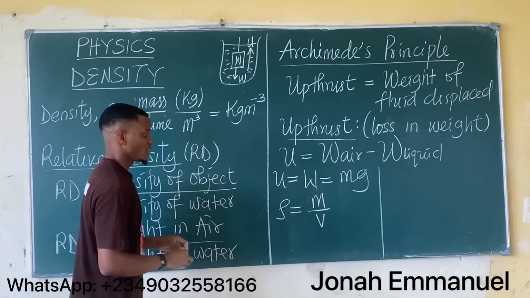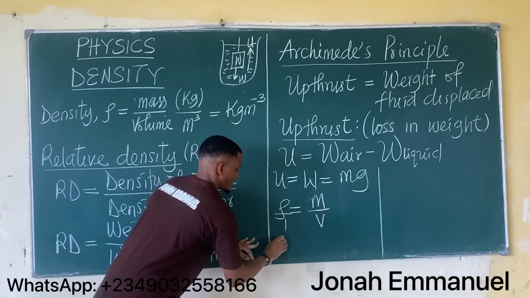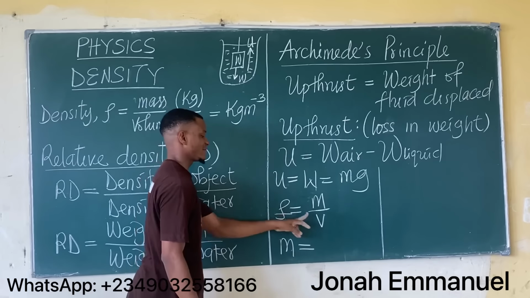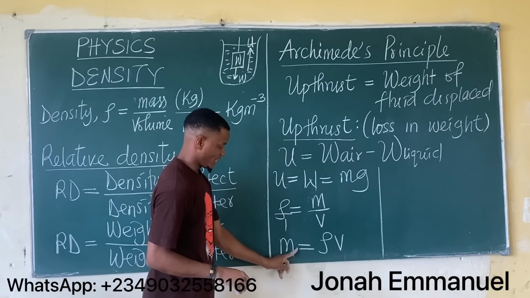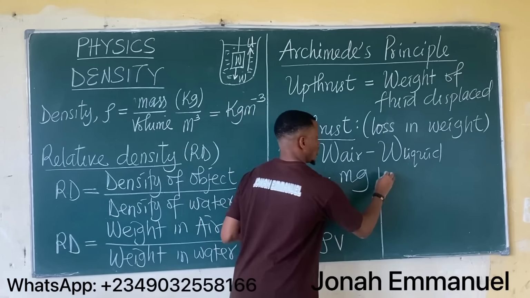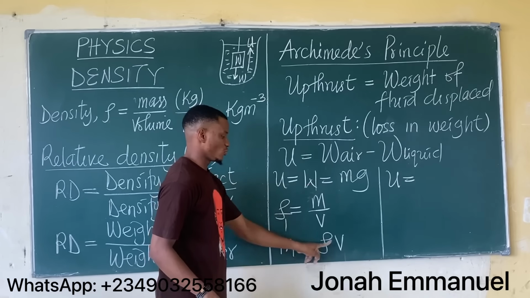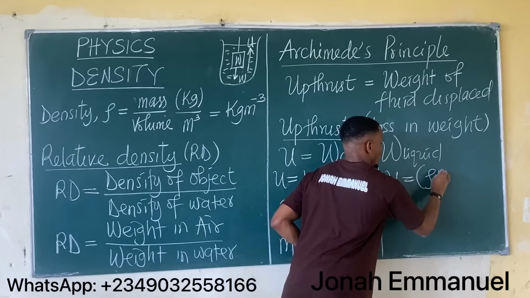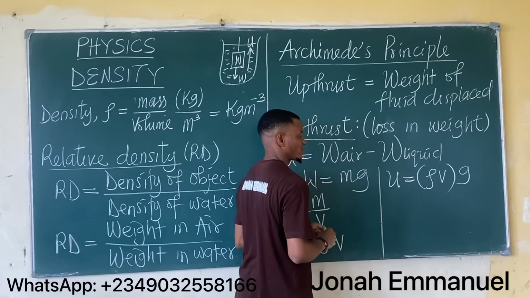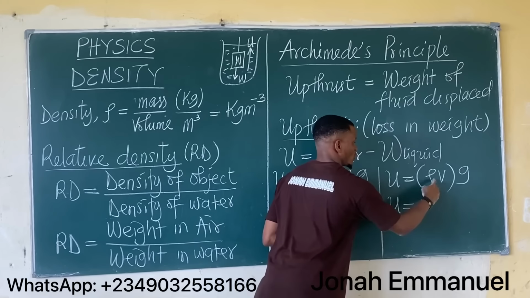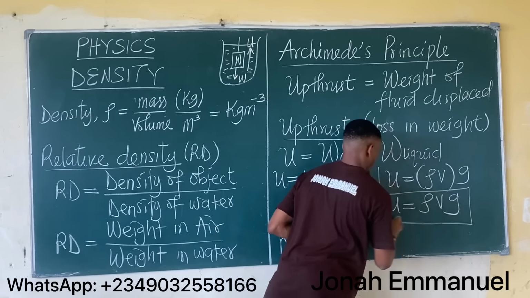If I cross multiply, mass is equal to density times volume, that's rho v. If I put this into the equation, upthrust U is equal to mass times gravity, that's rho v times g. So upthrust is equal to rho v g. This is a formula for calculating upthrust.